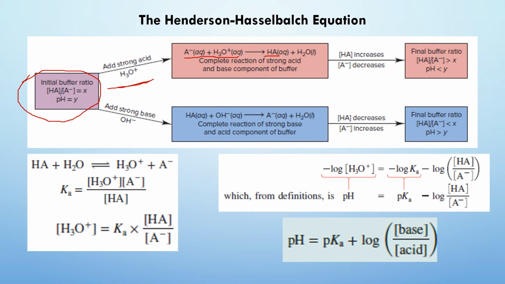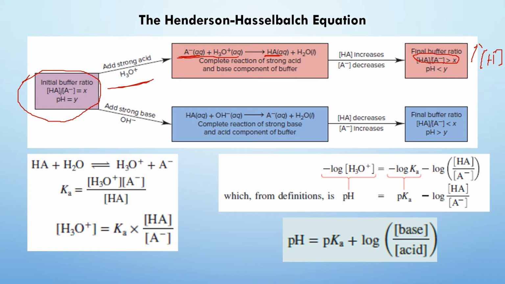So that will increase the concentration of the acid and decrease the concentration of the conjugate base, so that will increase the ratio. Increasing the ratio means increasing the proton concentration, so the pH is gonna be smaller.